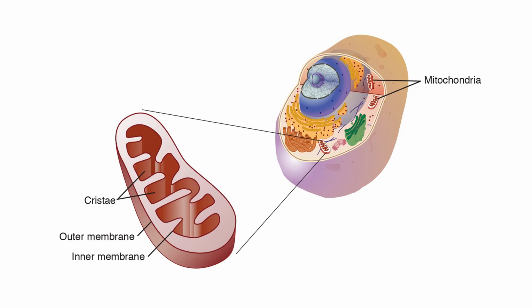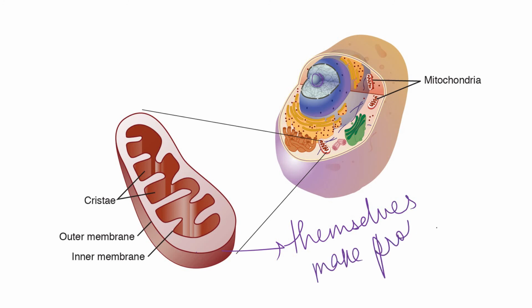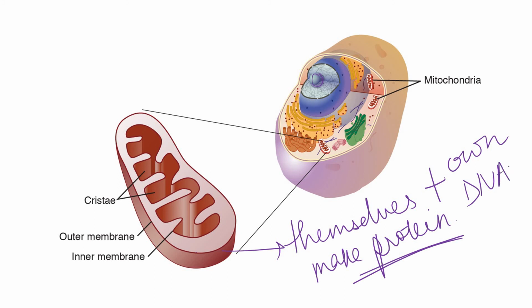But mitochondria is such a special organelle where they can themselves make proteins, and also they have their own DNA, their own genetic information. All right, this is very strange.